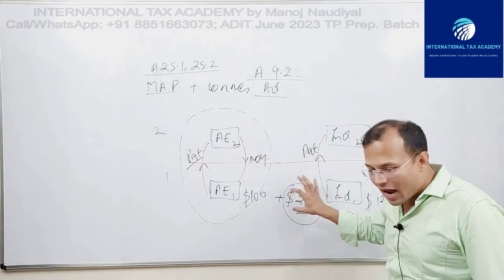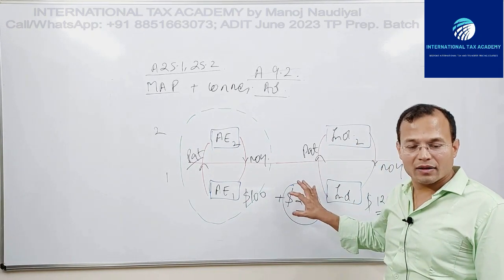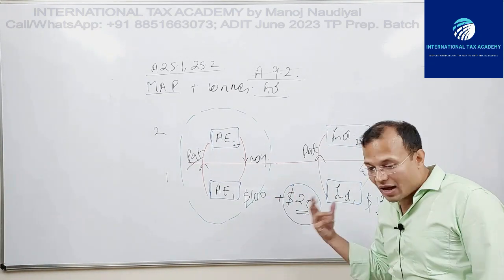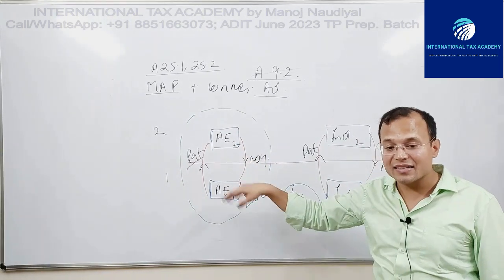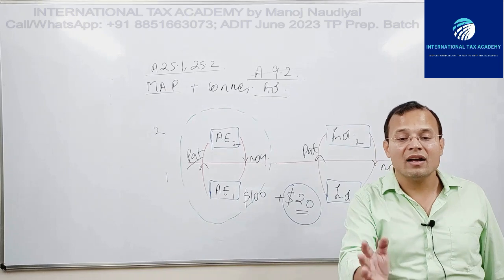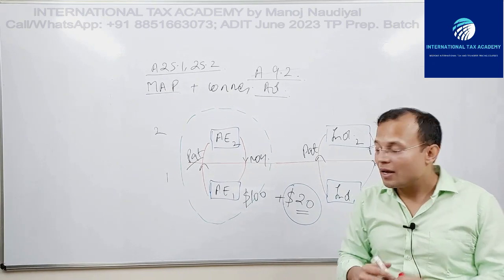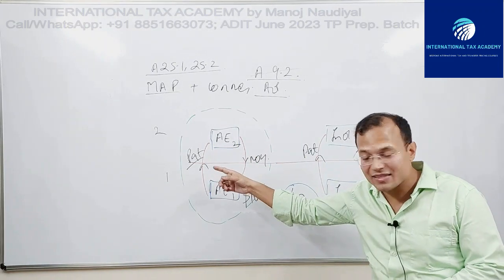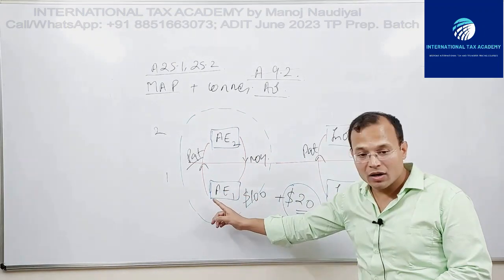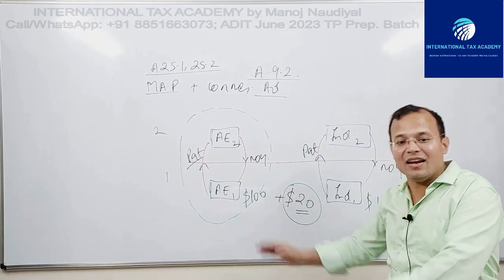This is Article 9.1. Article 9.1 says that because the conditions in this case are different from the conditions that would have existed between independent parties, and because of those special conditions, this 20 did not accrue. Therefore, the tax authorities will now add plus 20.